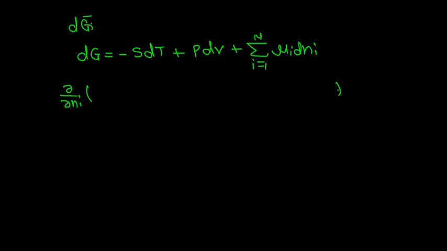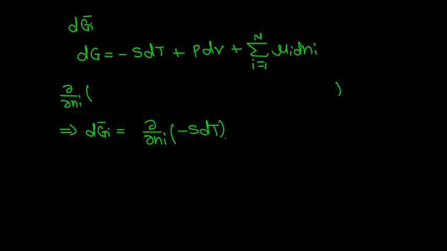Okay, and then since differential operators can be exchanged, I simply get d of gi bar. But then when I operate this, let me write this: del by del ni of minus of S dT.